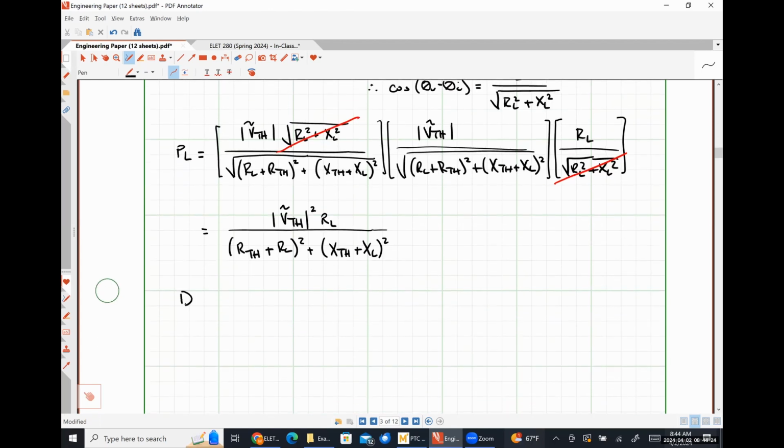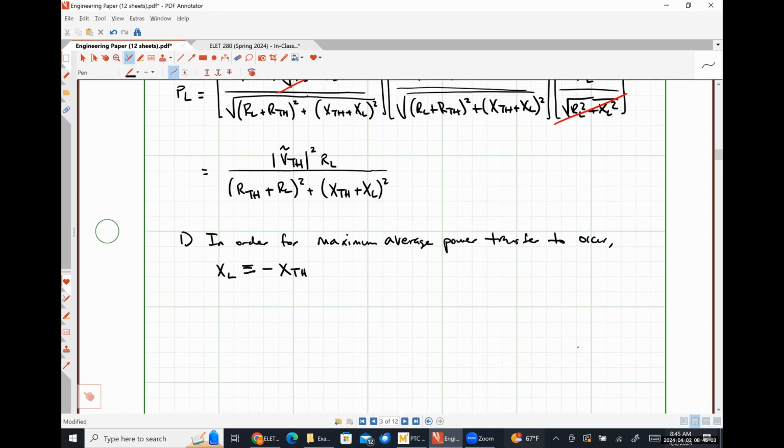So our first constraint is, in order for maximum average power transfer to occur, XL must be equal to negative XTH. That triple equal sign instead of the normal double equal sign means we force this to happen.